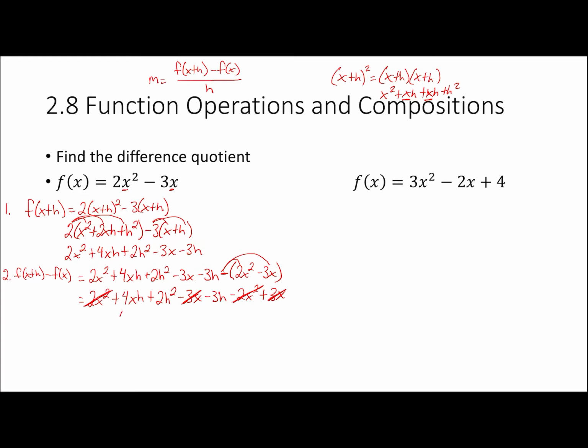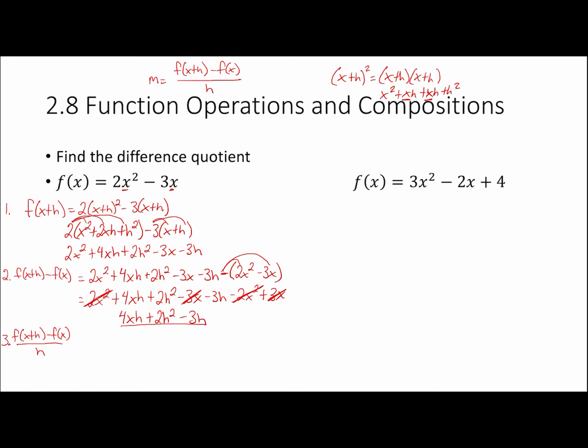But also this negative 3x and positive 3x now also is 0. It cancels out. And so what's left then is 4xh plus 2h squared minus 3h. So there's step 2.